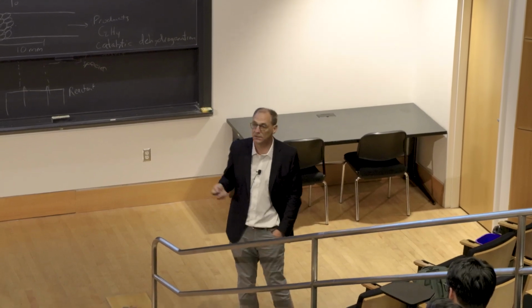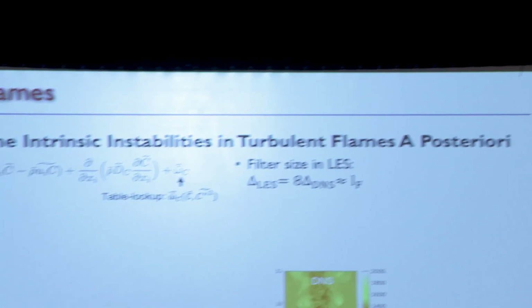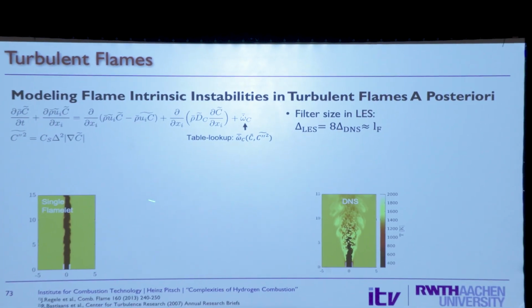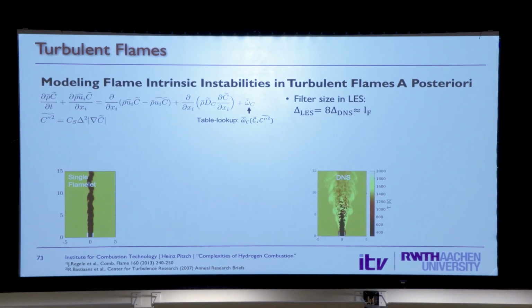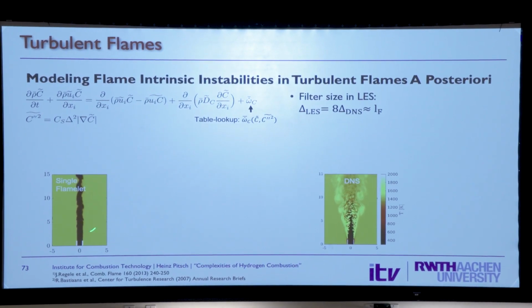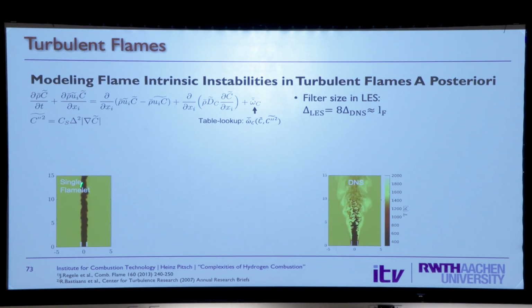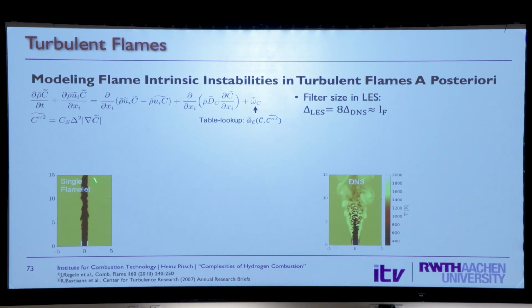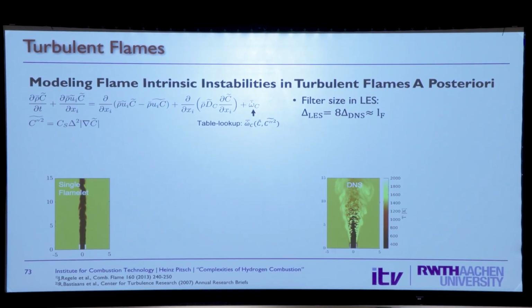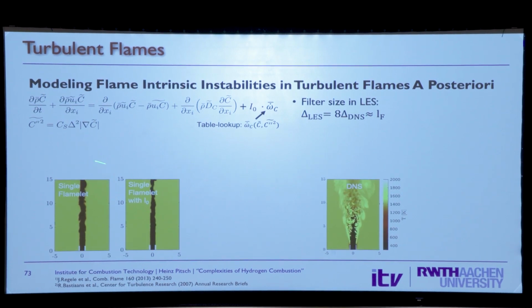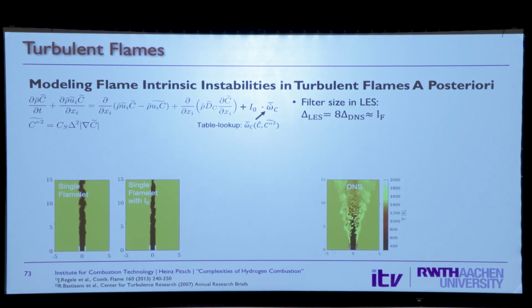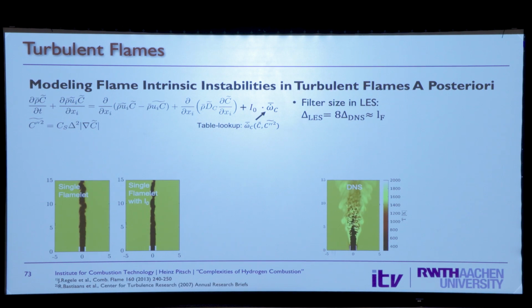Okay, so it's a really good model a priori. If I just test it using DNS data, and then we put it in a simulation, and this is the DNS. This is the a posteriori LES of the same case, using a single FlameLab model, not very good, okay? But now we take I naught, from the function I showed you earlier, from the laminar flames, also not very good.